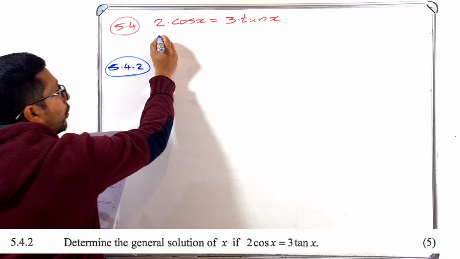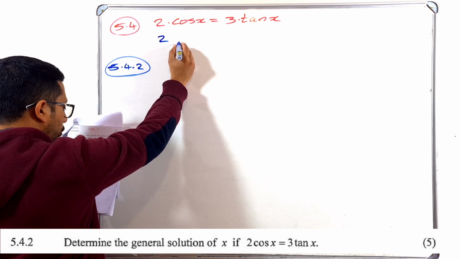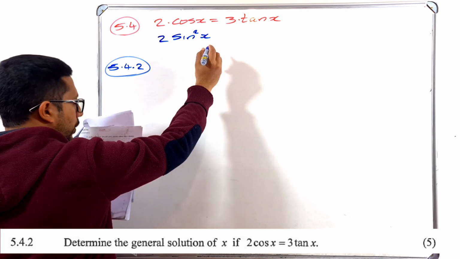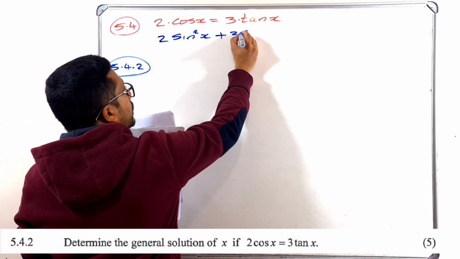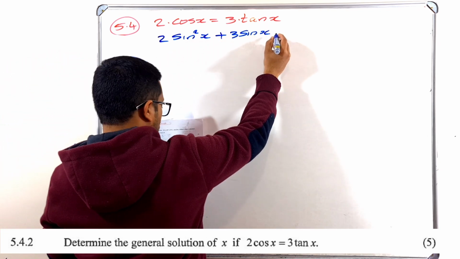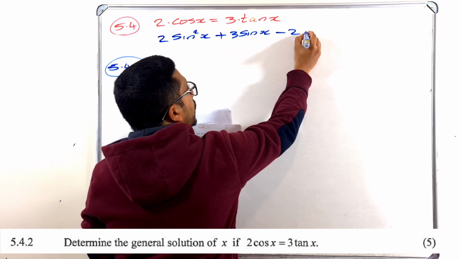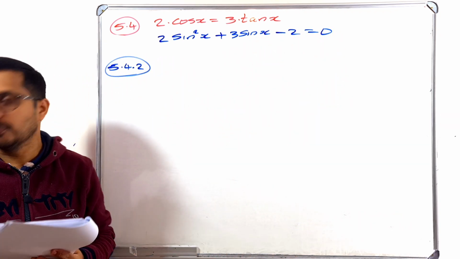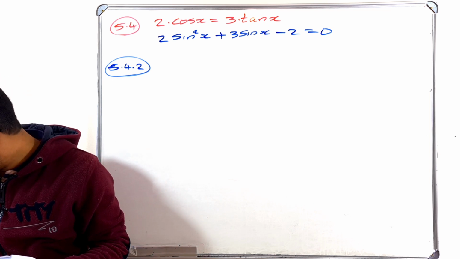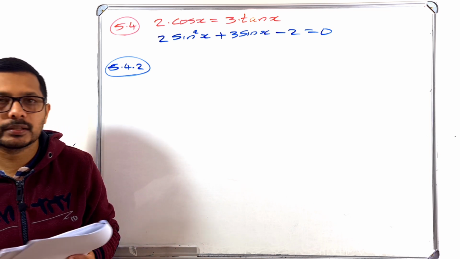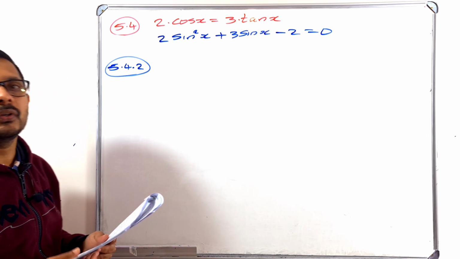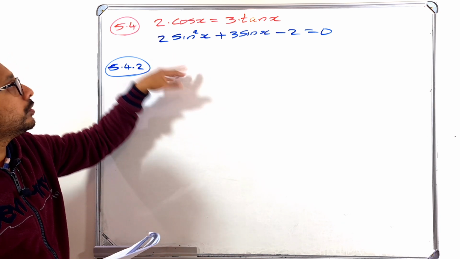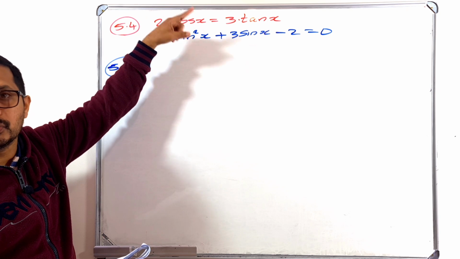This equation we already proved that is the same as 2 sin square x plus 3 sin x minus 2 is equal to 0. In the previous question, we already proved that the first equation is the same as the second one. Okay. Now here 5.4.2 is the general solution of 2 cos x is equal to 3 tan x.